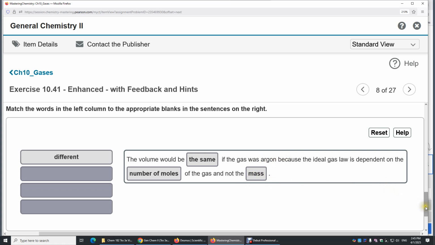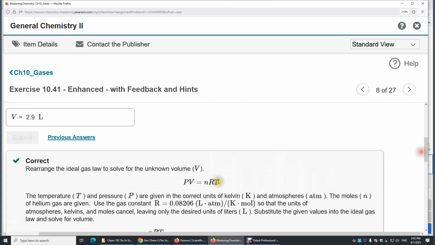If you look at the equation, it's PV equals nRT. Nowhere do we see mass. This is the number of moles, not mass. So as long as they have the same number of moles, same pressure, and same temperature, we'll get the same volume.